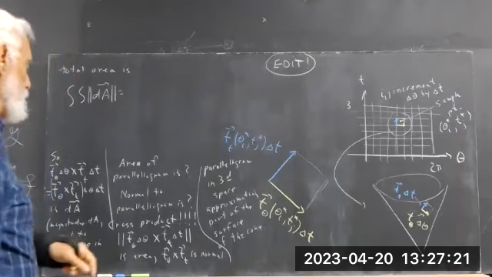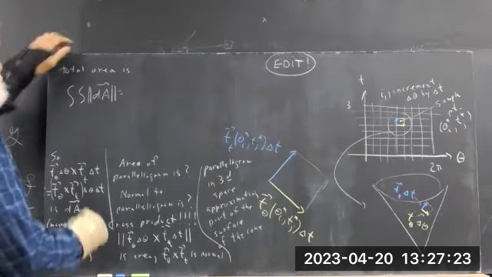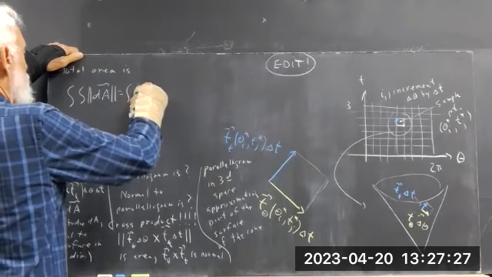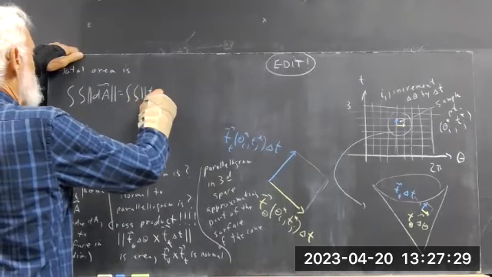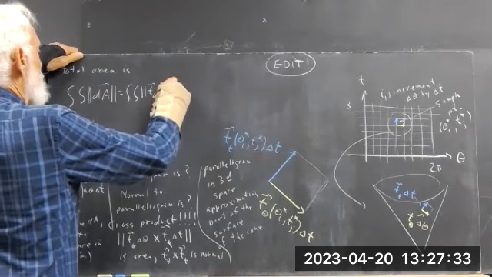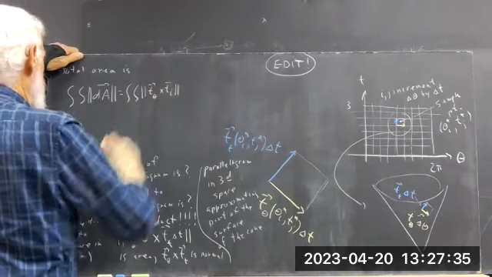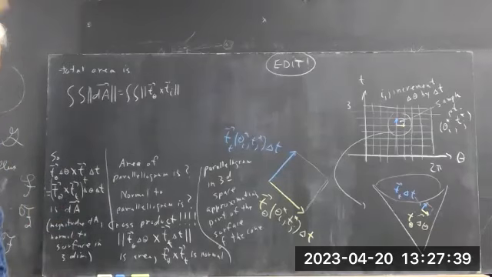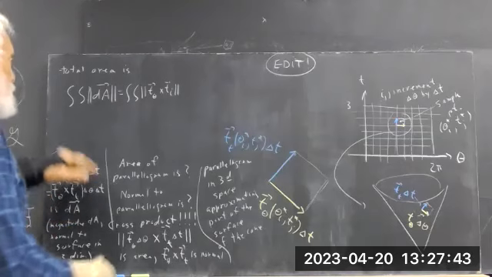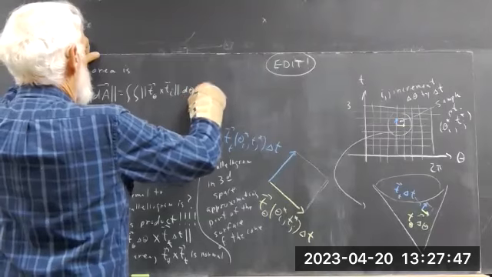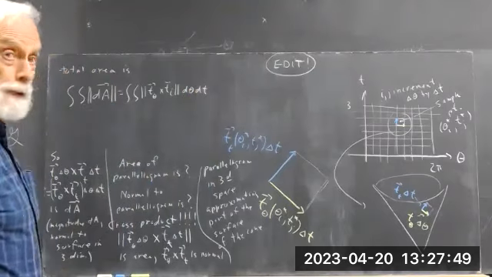Now the magnitude of the dA is, I mean, here's your dA increment, right? It's the magnitude of this times your d theta dt, right?